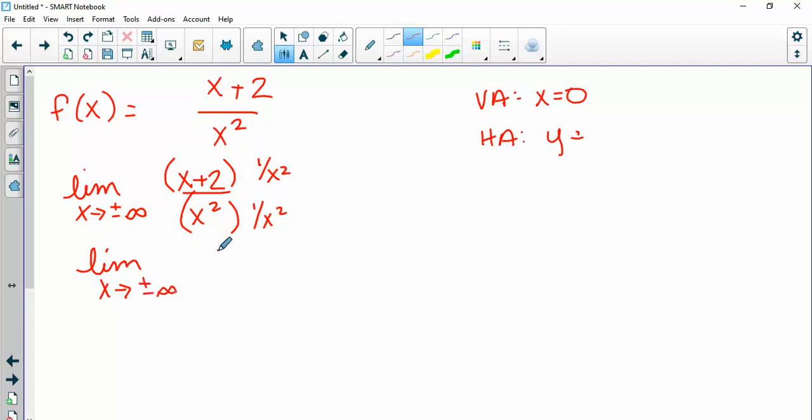So x over x squared would be 1 over x, 2 over x squared. And at this point, anything with an infinity on the bottom is going to turn into 0. So we get 0 plus 0.